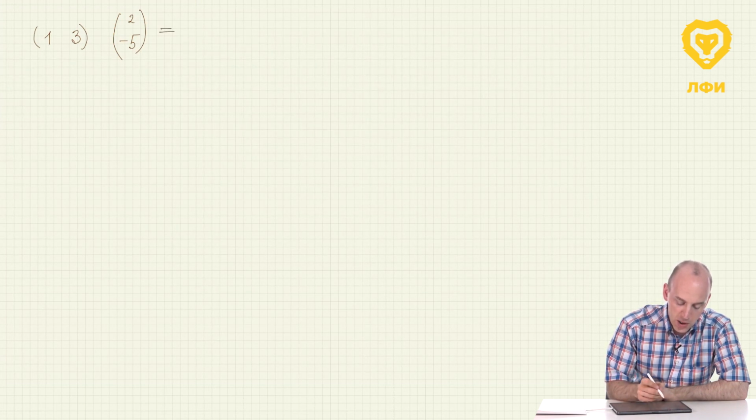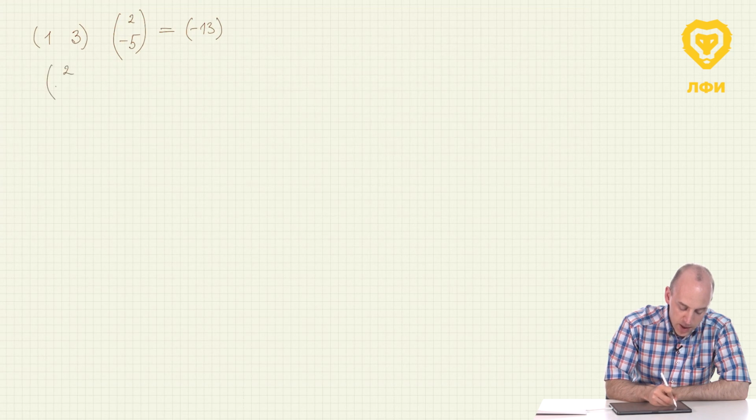When we multiply matrices, we recall that we multiply the rows of the first factor by the columns of the second factor. So here we'll get a matrix that consists of one element only, and this element is equal to the product of the row by the column. So we'll get 1 times 2 plus 3 times minus 5. It is 2 minus 15, that is minus 13.